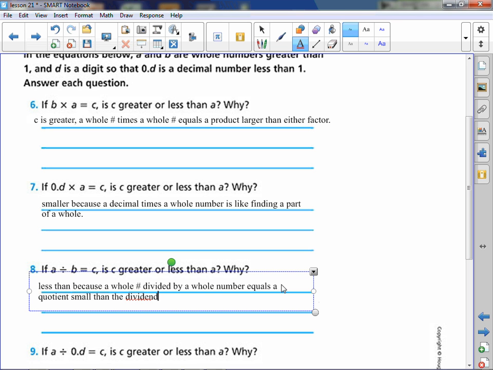Okay, so in other words, when you take a whole number and you divide it up, it's like chopping up a whole number into parts. So it's going to be smaller. You're going to end up with a smaller piece.